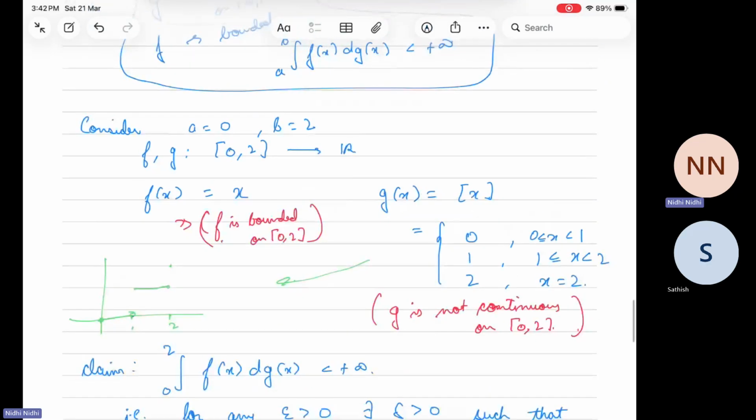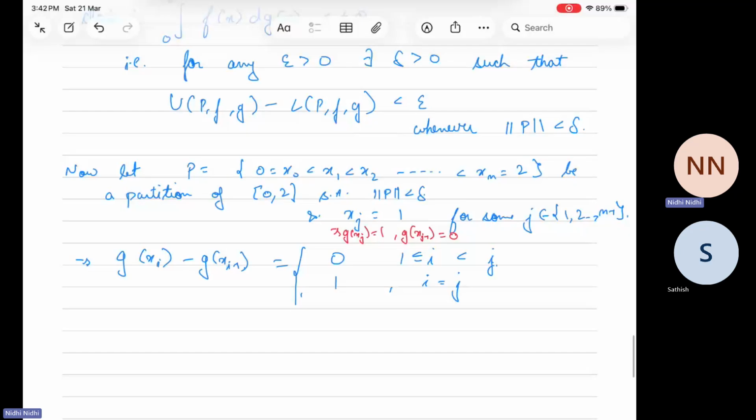And after that also, both the values are equal, up till xn, because xn is 2, at that point the difference will again be 1. So this will be equal to 0 when j is strictly less than i strictly less than n, and this will be equal to 1 when i equals n.